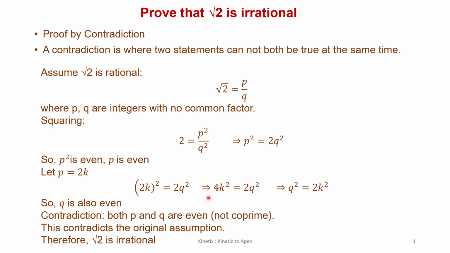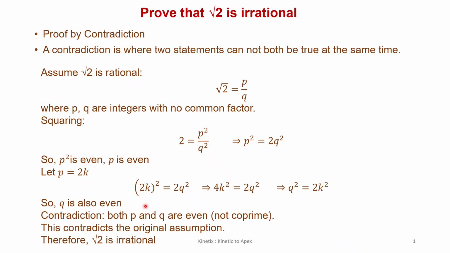That implies 4k square equal to 2q square. From this, we will get q square equal to 2k square. That means q square is also a multiple of 2. That means q square is even. Q square is even means q is also even.